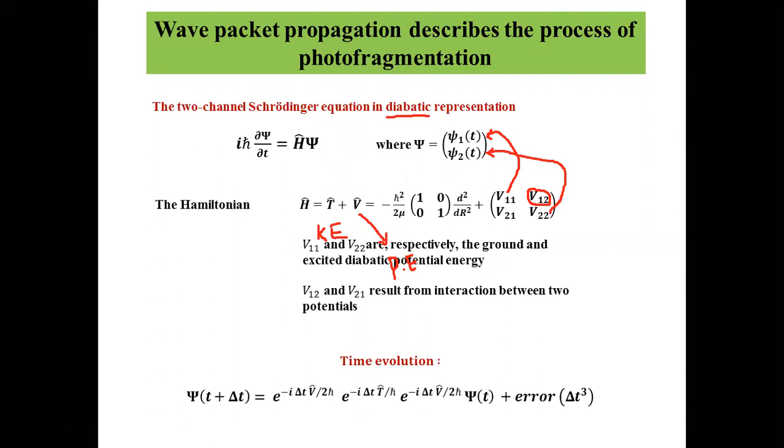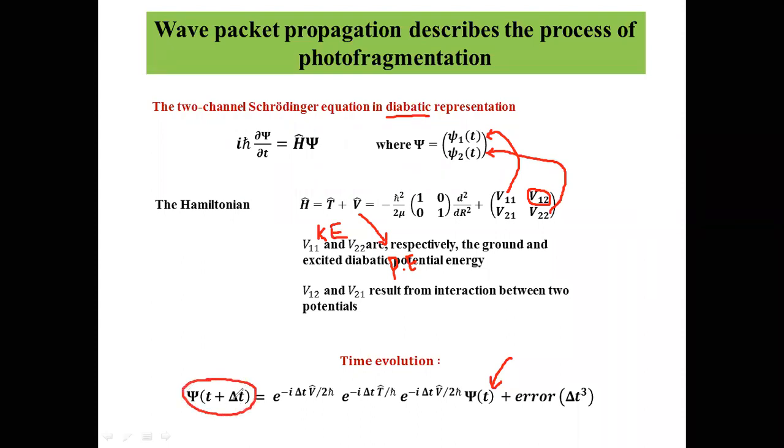So this time evolution is basically done in this fashion. This is called the split operator method. Look at here, the Hamiltonian is operating on this wave function. So if we know the wave function at t, we can find out the wave function at t plus delta t.